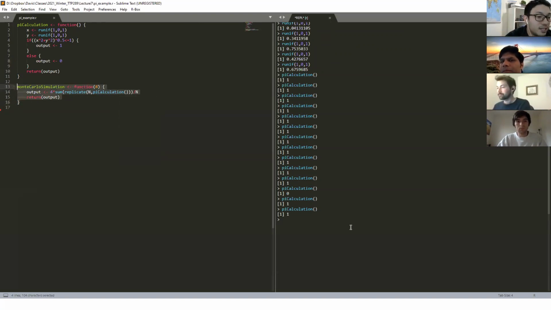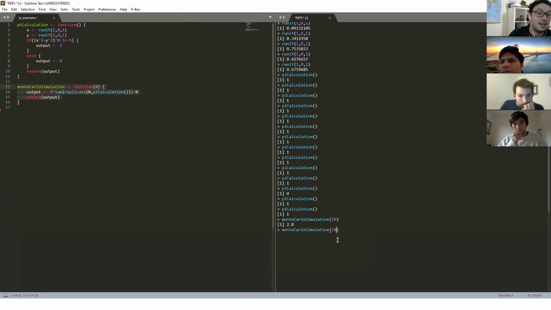And so let's take a look at this. If I do 4 times the ratio between the number of times it lands in the circle versus the number of times it lands in the square, and let's say we do that 10 times, you get a value of 2.8. And if you do it multiple times, you're going to get different values because these are randomly drawn simulations. Throwing that rock in, it may or may not land in that space.